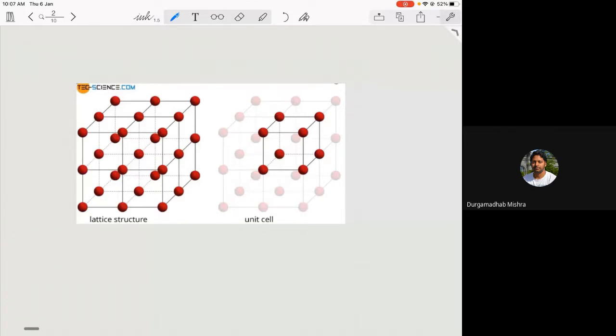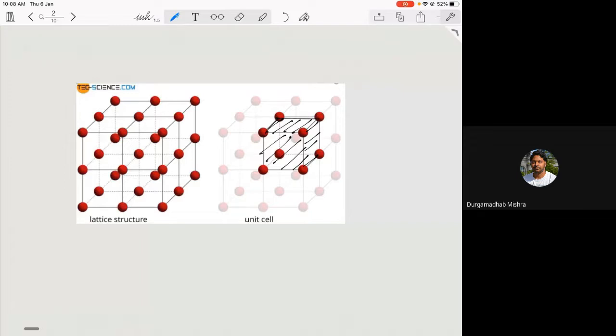Again, it has certain periodicity in all three directions, and you can take a small representative of it, which is shown here on the right-hand side. This is your unit cell, and if you repeat it in all three directions, you can create the crystal. This is the smallest unit cell you have.